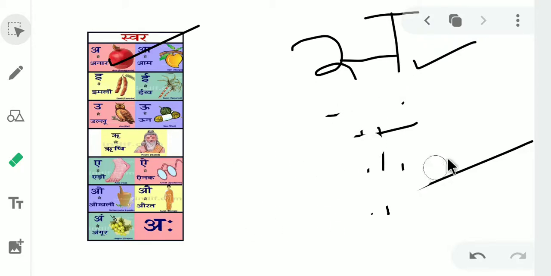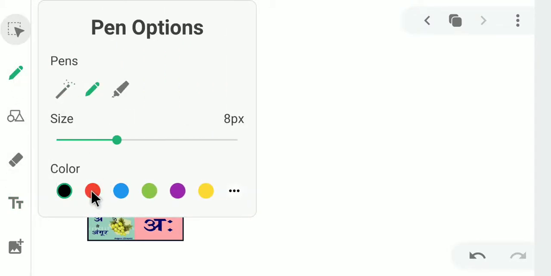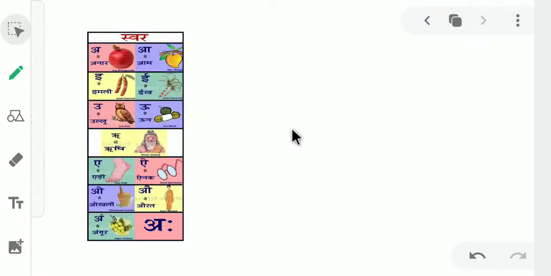I'm going to erase it. Now I'm going to write E. You can write it like this.